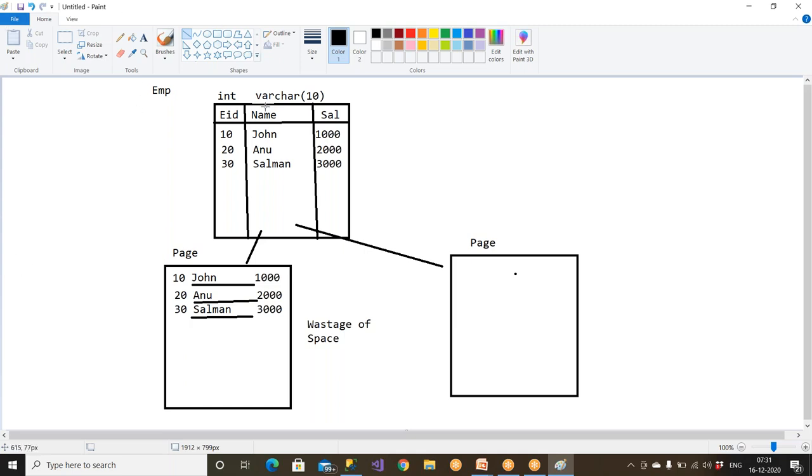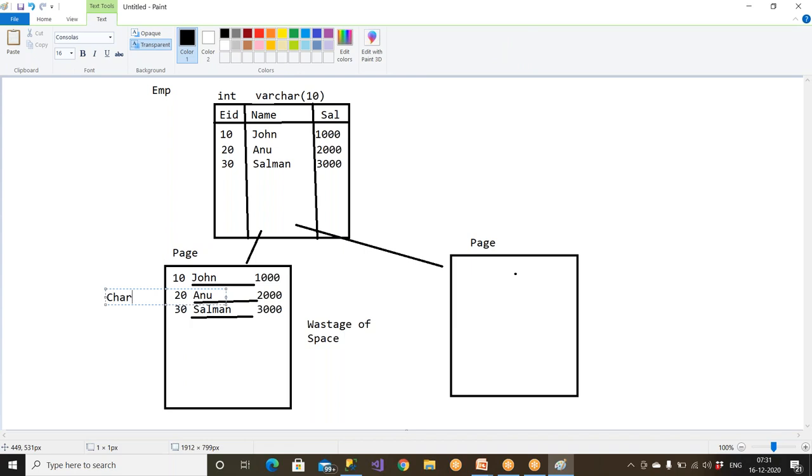Now, to overcome that, we can use varchar. Character is going to behave like this. I'm talking about character. And here, I'm going to be talking about varchar. When you go in for varchar, what happens? It will be like this. If you store this kind of data, 10, John, then 1000, then 20, then Anu, okay, then 2000, then 30, then you have Salman, 3000.